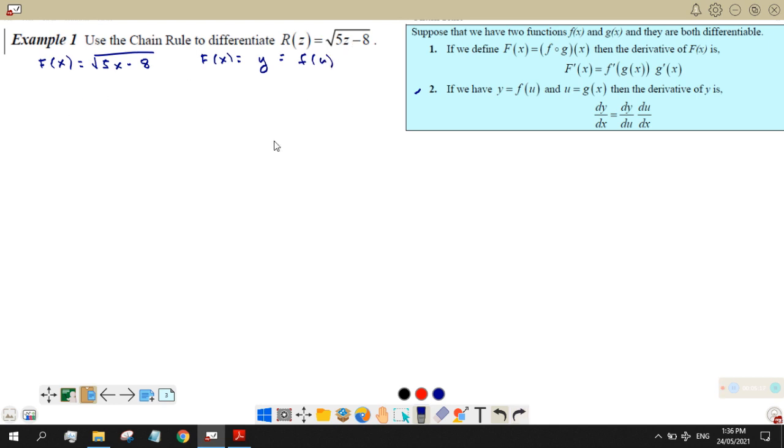Magsimula tayo dito sa loob. Ito, loob siya ha. So, the inner function will be your g of x. And your g of x is 5x minus 8.